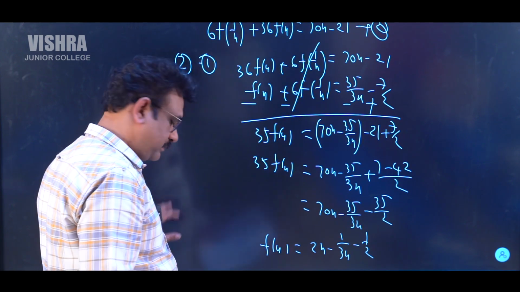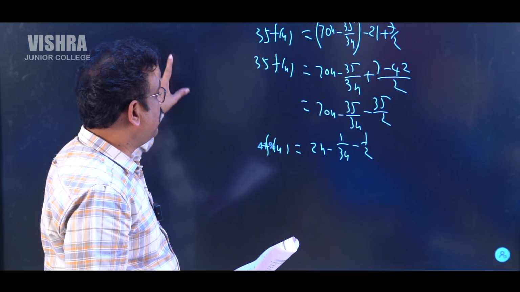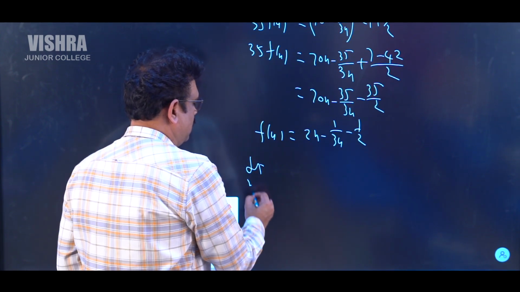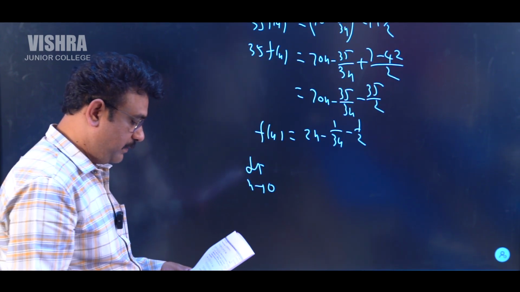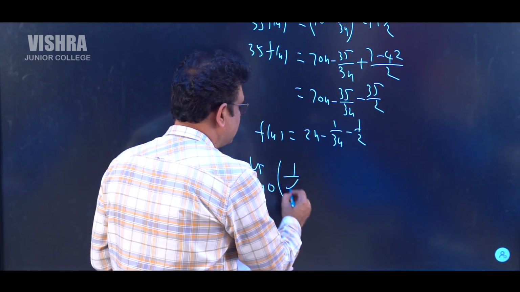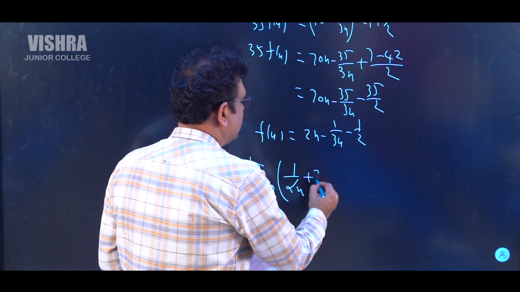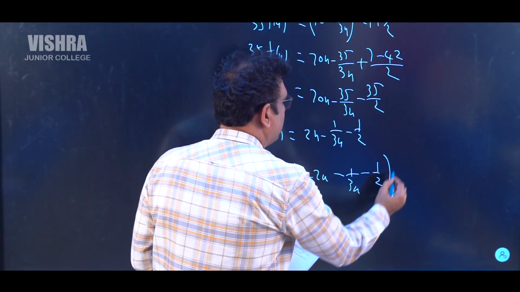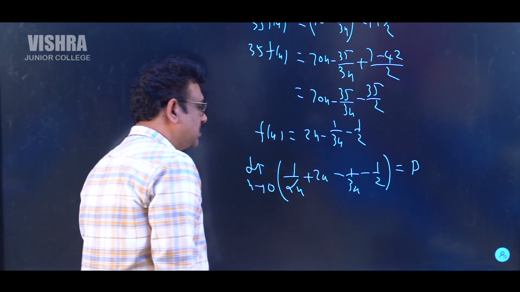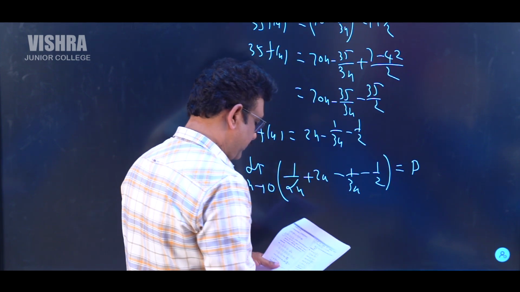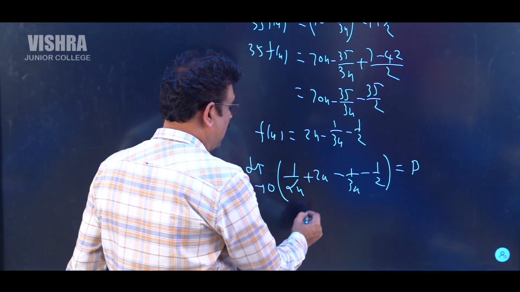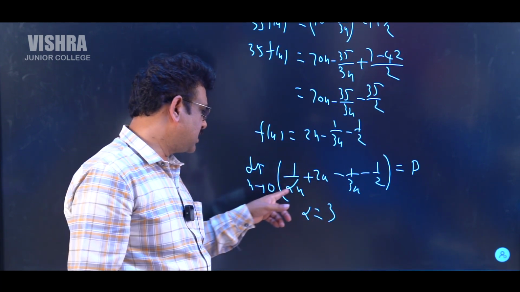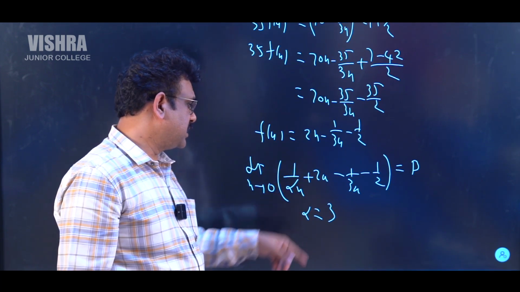Now we need to find the limit as x tends to 0 of 1 by alpha x plus 2x minus 1 by 3x minus 1 by 2, equal to beta. Since it exists finitely, alpha is equal to 3, because both these terms should be cancelled. So alpha is equal to 3.